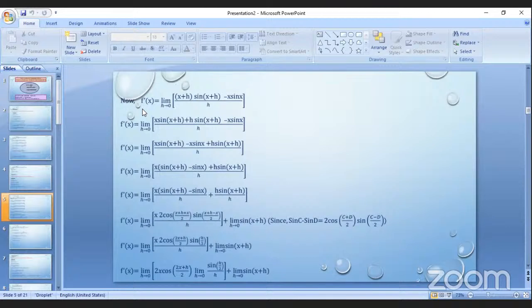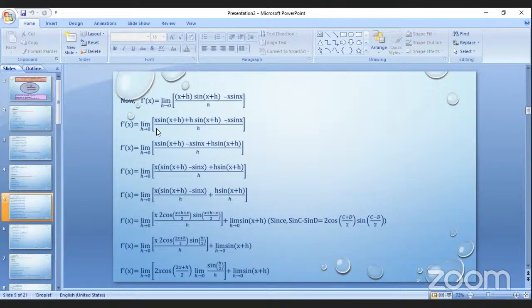Now f dash x equal to limit h tends to 0 f of x plus h value, x plus h into sine x plus h, minus f of x. F of x value is x sin x, whole by h. F dash x equal to limit h tends to 0 x into sine x plus h plus h into sine x plus h minus x sin x.